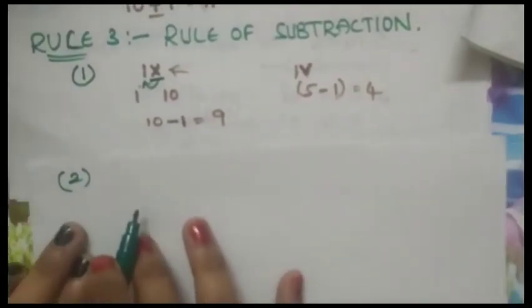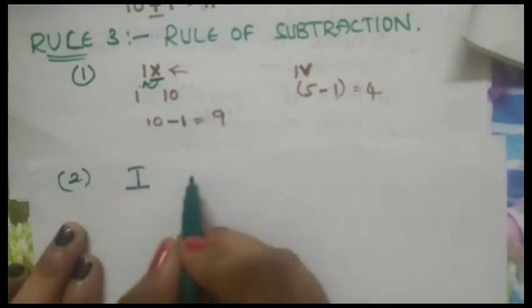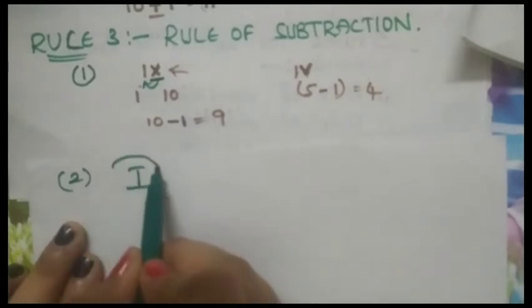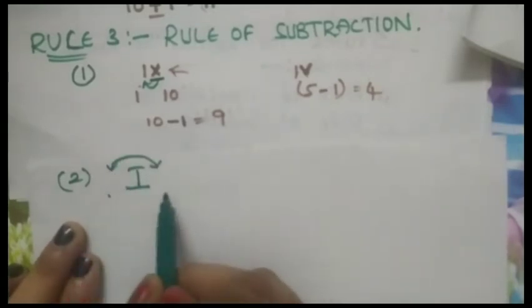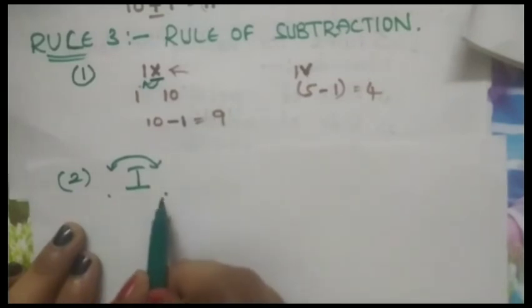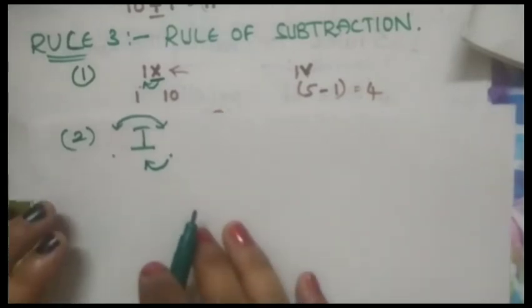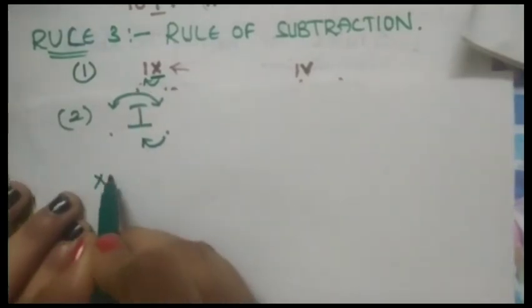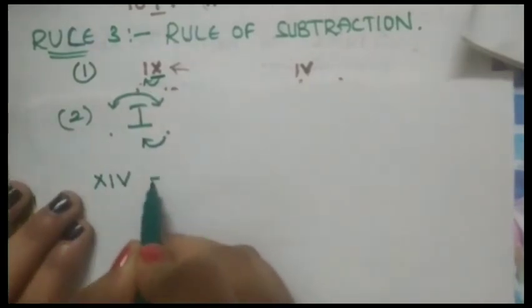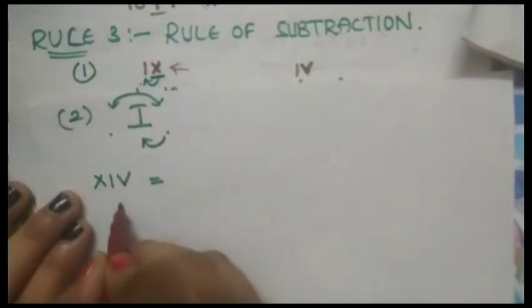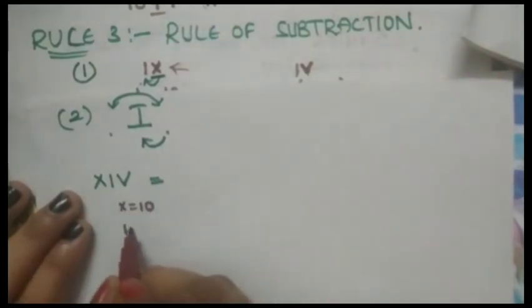If the numeral I is placed between two numerals of greater value, it is subtracted from the numeral on the right side. For example, XIV. Here X is 10, I is 1 and V is 5.